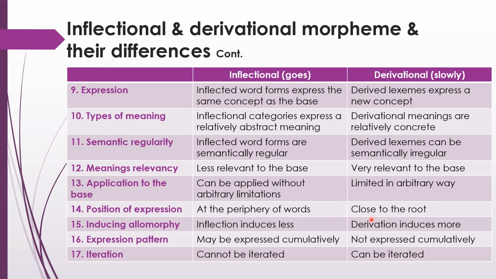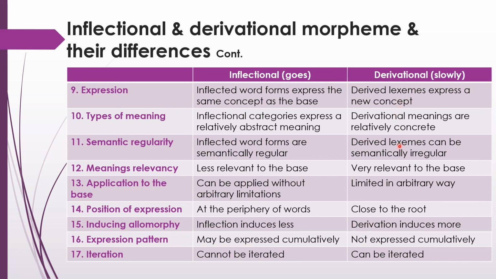Inducing allomorphy, inducing means generating, so inflection generates less base allomorphy, whereas derivation generates more base allomorphy. Allomorphy refers to using some particular morphemes to form similar kinds of words. For example, ly in slowly, and ly used with different adjectives as well.